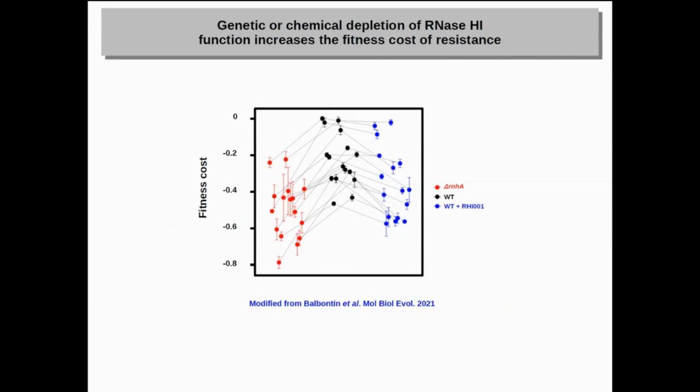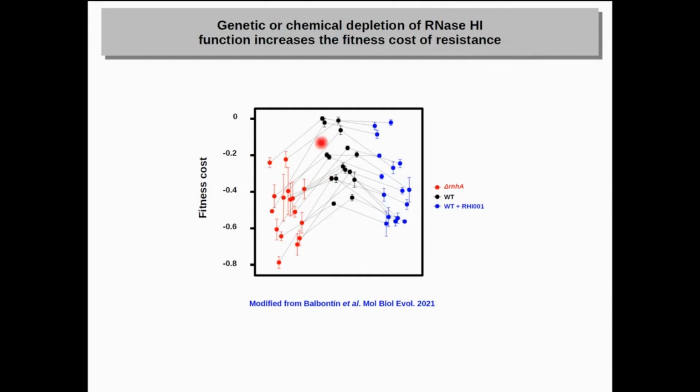And what we found, this is fitness here on this side. This is a selection coefficient. In black, these are the fitness data in the presence of RNase H in a wild-type background that has the RNase H. In red, you have the absence of RNase H. If we remove the RNase H in each of these 16 mutants, what you see is that systematically every one goes down in fitness.